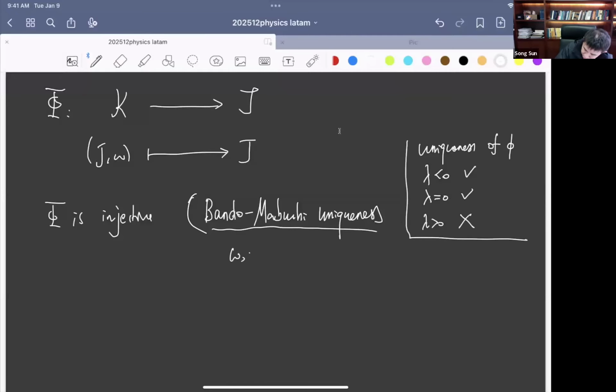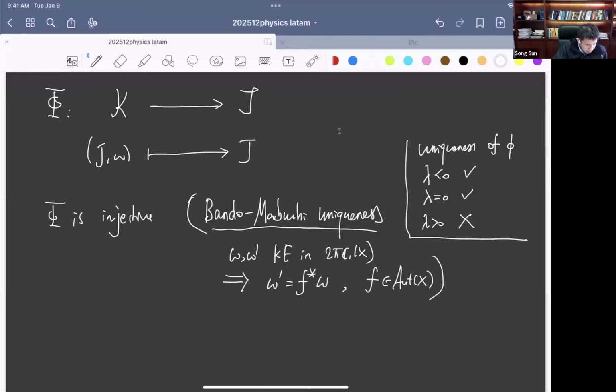If you have two Kähler-Einstein metrics in 2π first Chern class, then it's not true that ω equals ω' as a Kähler form, but ω' differs by pullback by a holomorphic automorphism.